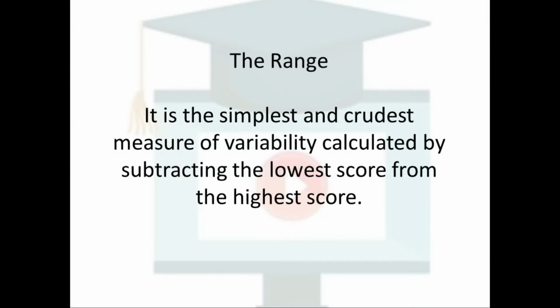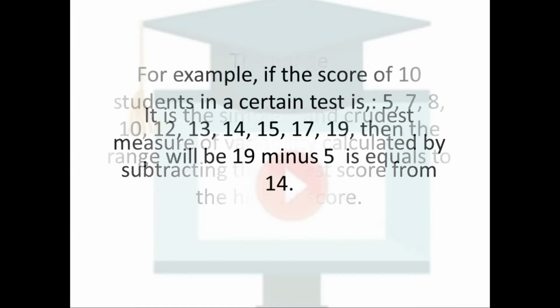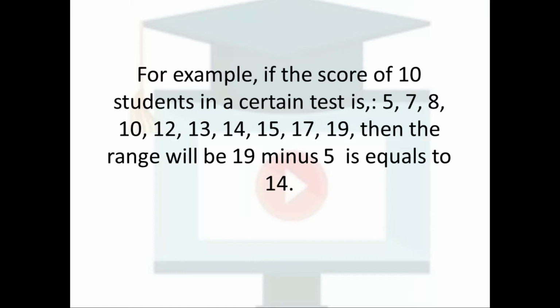The range, it is the simplest and crudest measure of variability calculated by subtracting the lowest score from the highest score. For example, if the score of 10 students in a certain test is 5, 7, 8, 10, 12, 13, 14, 15, 17, 19, then the range will be 19 minus 5 equals 14.